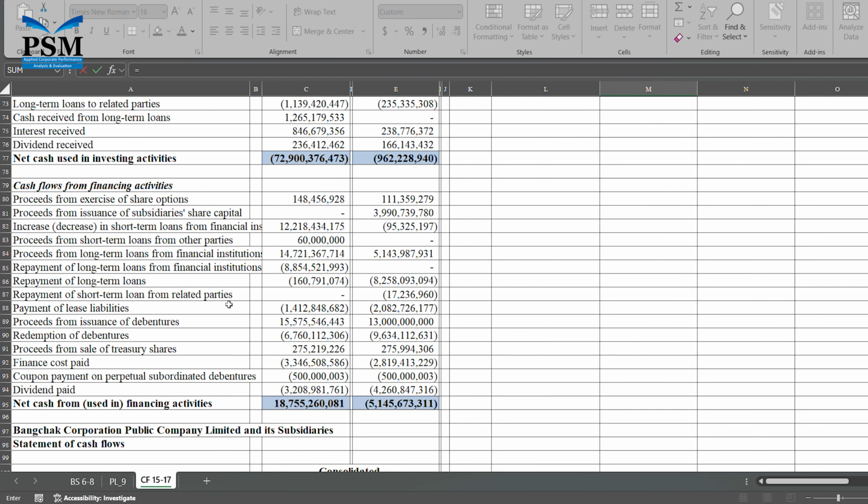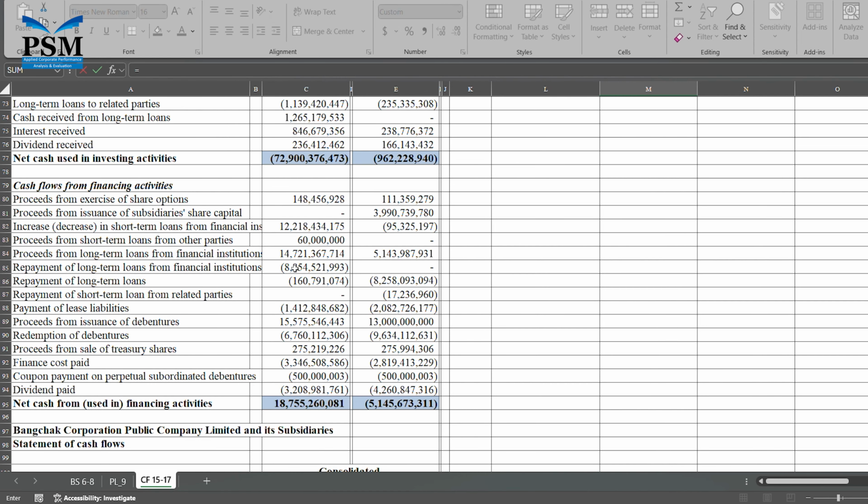The first item is row number 80, proceeds from exercise of share. That's related to equity. You see the word share, so we don't take that number. You go to row 82, increase or decrease in short-term loan. The number is positive, that is a new loan. We will take only the negative numbers that come with the word debt.